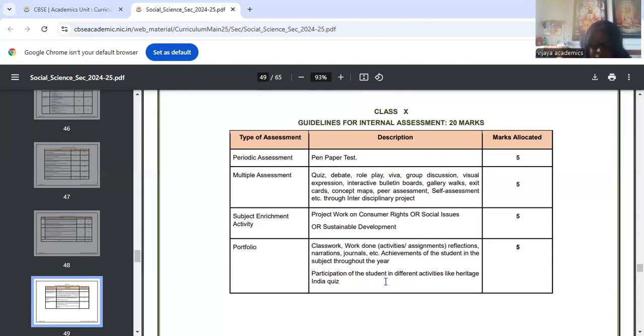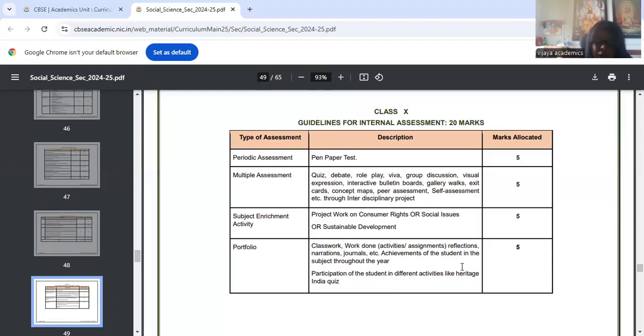Participation of the student in different activities like Heritage India quiz carries 5 marks. In the portfolio, you can give lesson-wise small activities as part of the portfolio. For example, you can give a quiz also.